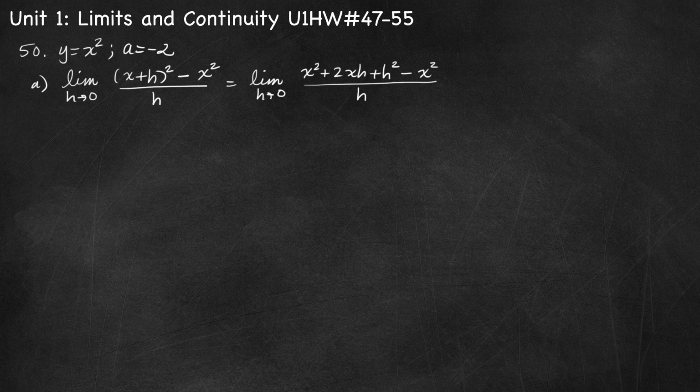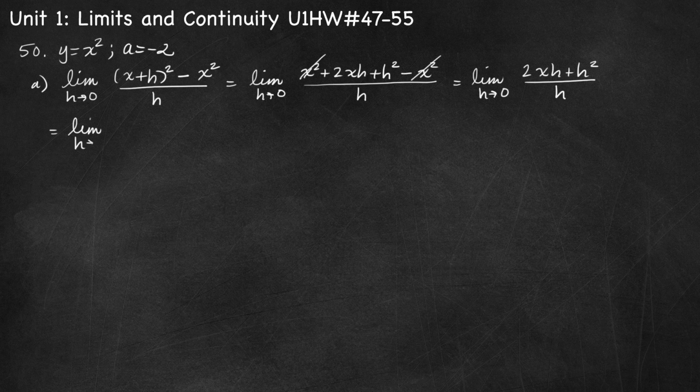And we can simplify this. X squared minus x squared is 0. So this becomes the limit as h approaches 0 of 2xh plus h squared over h. I'm going to continue to simplify. Remember, our goal here is to cancel out the h in the denominator so that we can find the limit using substitution.